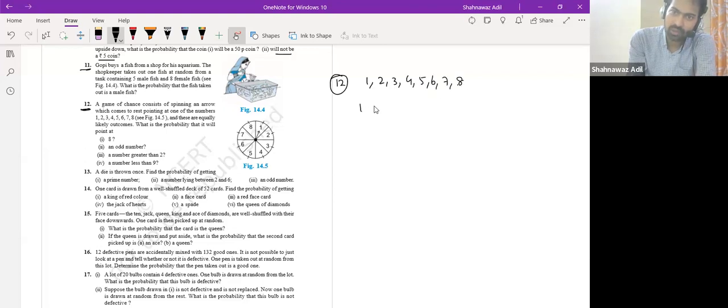The total outcome is 8. Now we have to find out for each case what the favorable outcomes are. What is the probability that it will point at 8?